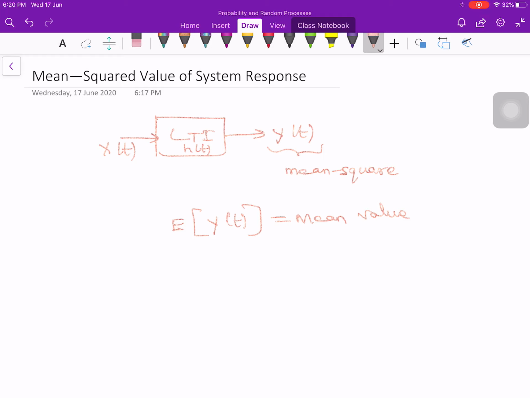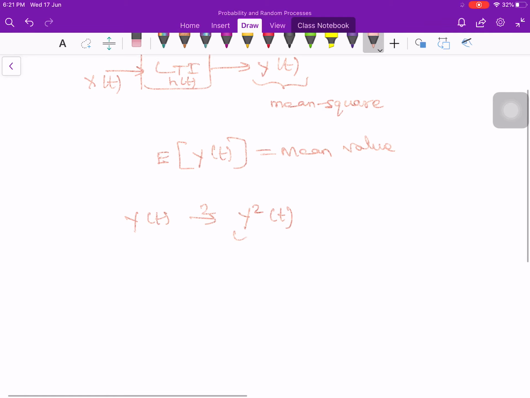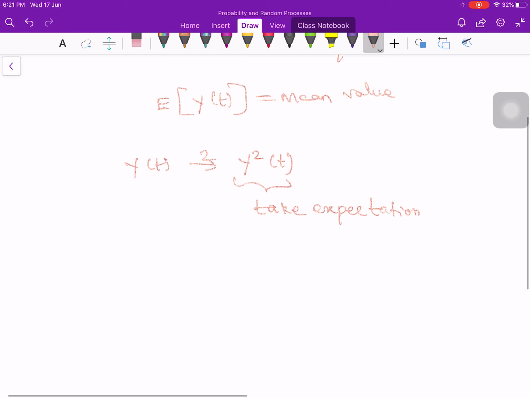Now you take the squared value: you take y of t and square it, you will get y squared. Now for this y squared, take expectation. That means the expected value of y squared of t.